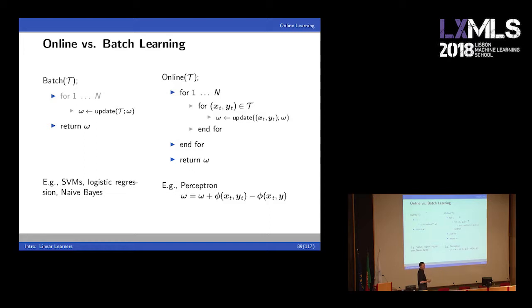Batch learning means you look at your training data as one batch and do an update for the whole batch. Online learning, the extreme case, is you do it example by example. Then there is something in the middle, which is mini batch, so you do updates for a small number of training examples at a time. But those are the two extremes.